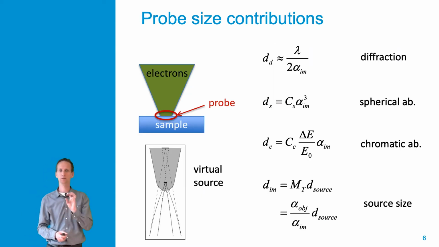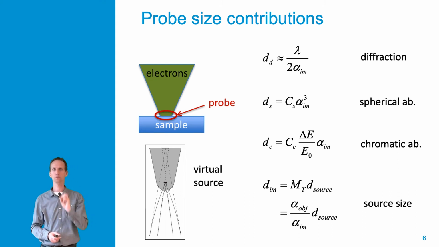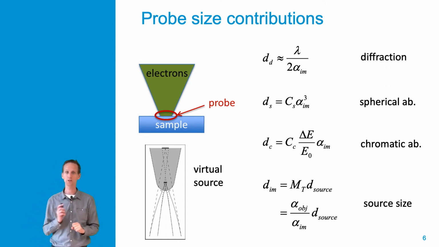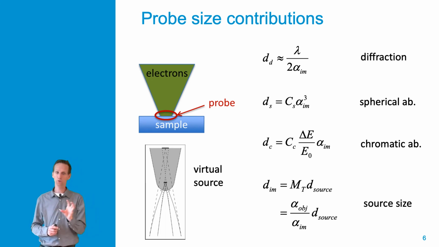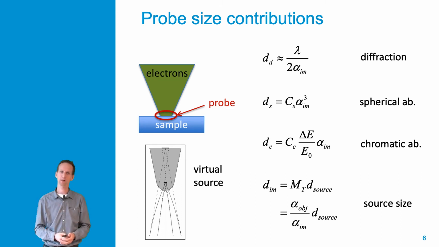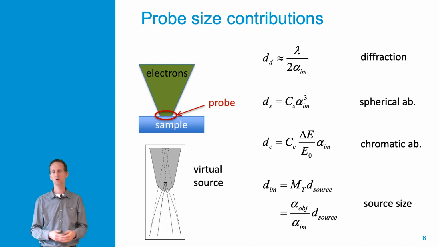Now we have seen the different probe size contributions for the probe on the sample in the previous video. Now let's look at which of these probe size contributions are actually affected by the choice of our source. These are 2. Of course, it's the size of the virtual source, which forms a major limitation, but also the chromatic aberrations, the relative energy spread, can be affected by the choice of our source. And so we've seen that the Schottky source or other heated sources are brought to a very high temperature.